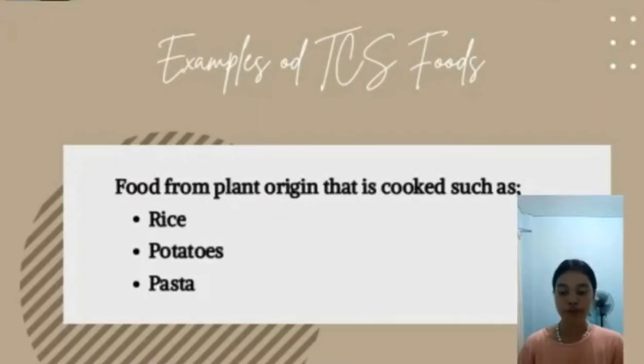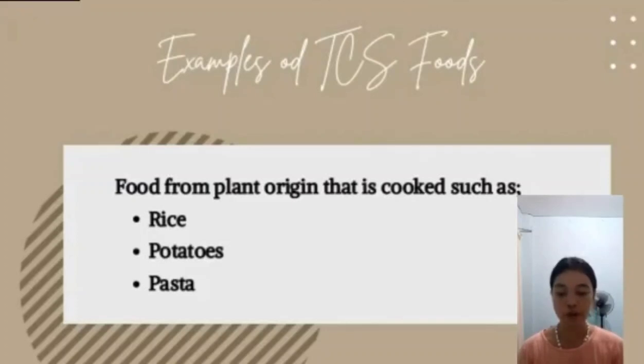Number 2. Food from plant origin that is cooked, such as rice, pasta, and potatoes. So, rice and pasta aren't considered TCS food until they are cooked.